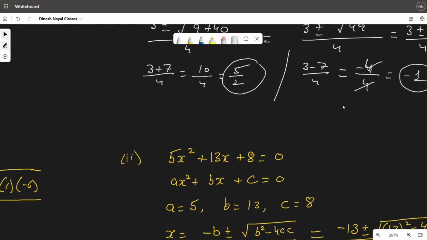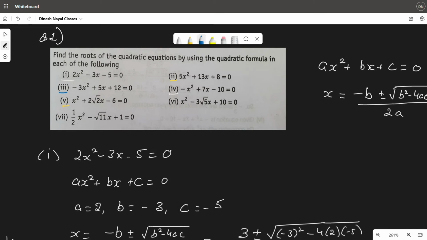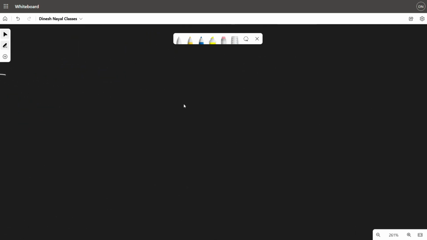Now, the next part, which is the sixth part. The sixth part is x square minus 3 root 5 x plus 10 equals 0.